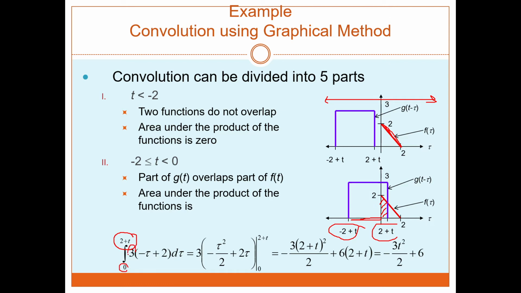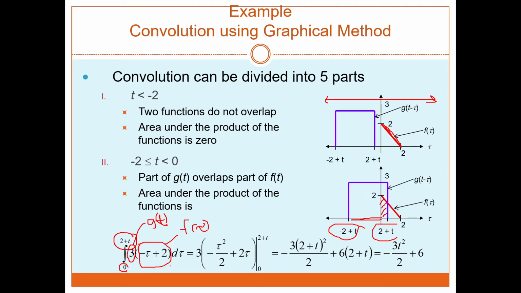Then we multiply the first equation and the second equation, this is f(t) and this is g(t), or g(tau), f(tau), same here, also tau. When we integrate, the 3 is a constant, so we put it outside.